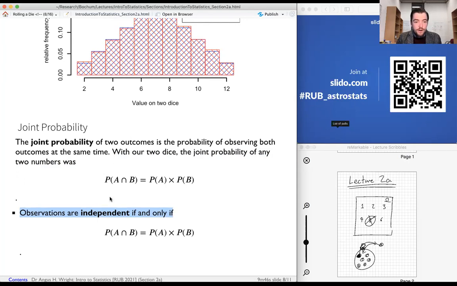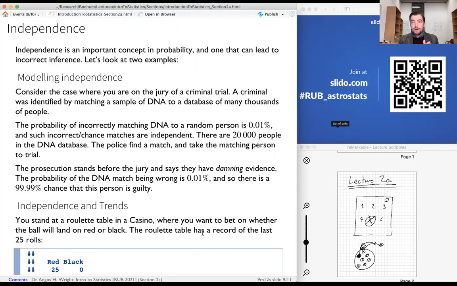The definition of two independent variables is that they are independent if the probability of seeing A and B is equal to the probability of seeing A multiplied by the probability of seeing B. Okay, and we'll demonstrate when that is broken for non-independent observations next week, when we talk about things like conditional distributions. But for now, we're going to spend the last 15 minutes of this lecture talking about independence.